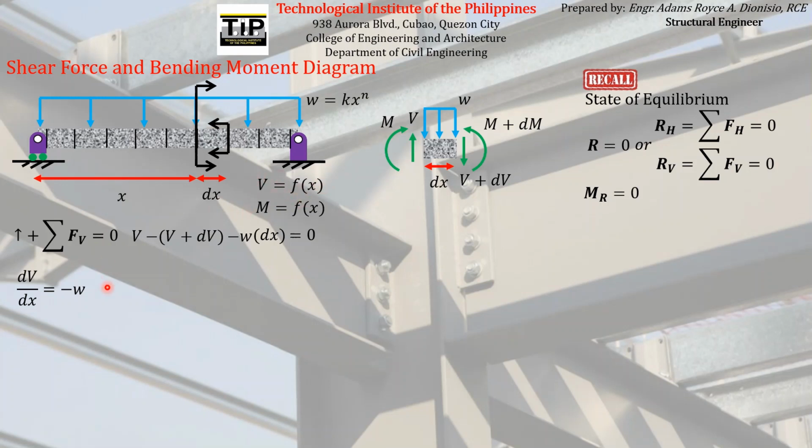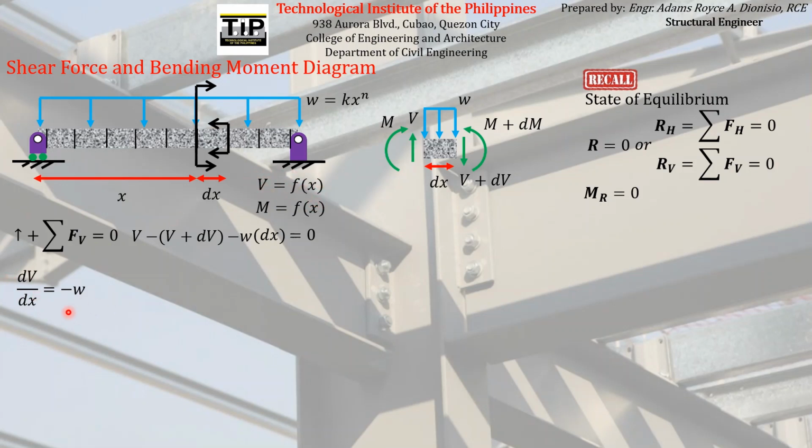And we know that dV over dx is the slope of the shear diagram, or the graph of the shear equation we have here. According to what we have here, the slope of the shear diagram at a certain point is equal to the magnitude of the load acting on the beam.